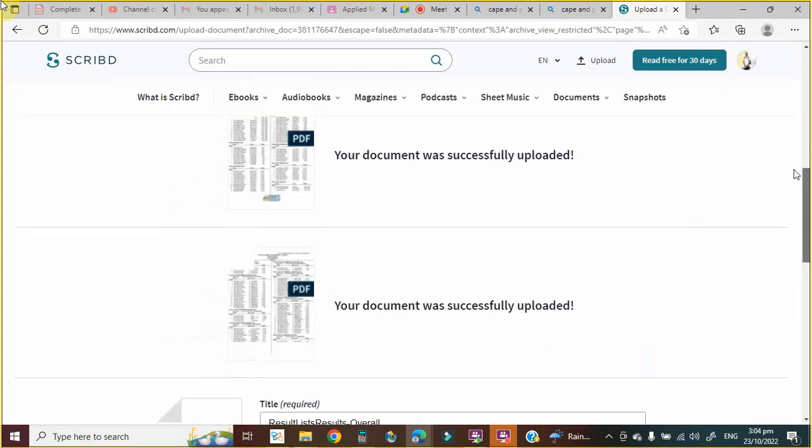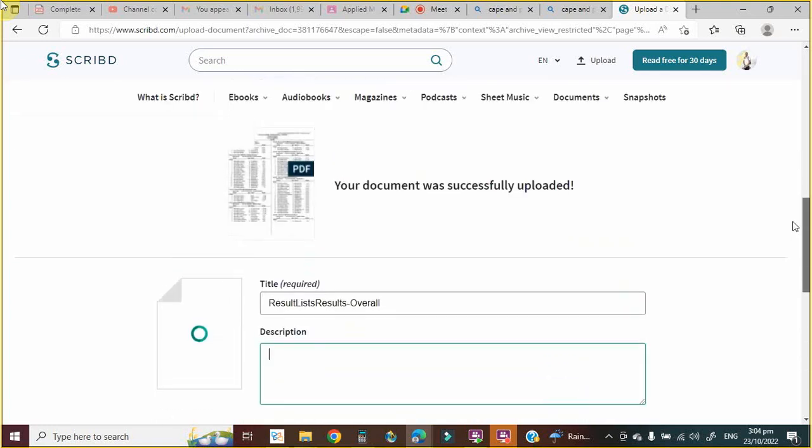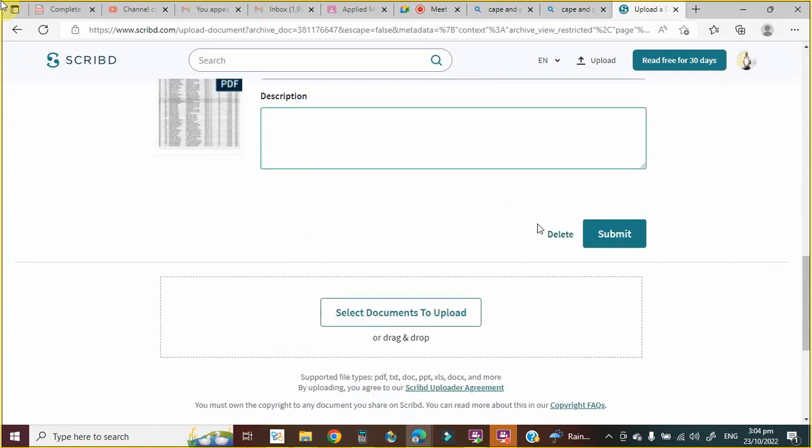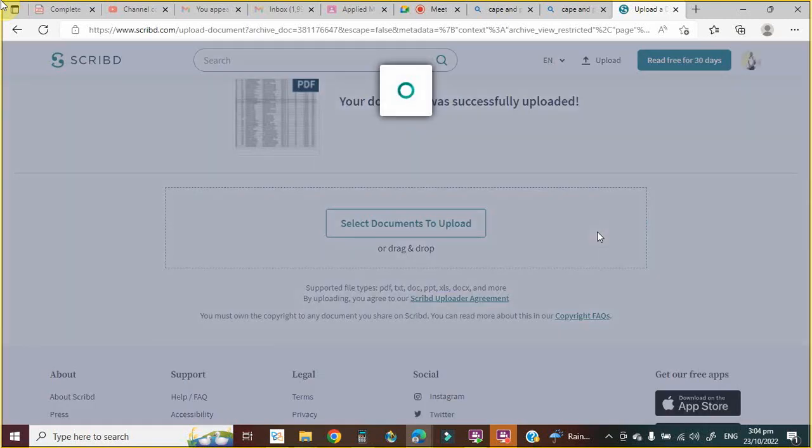Why is it taking so long to read? So by the way, this is another website that you can use to download textbooks. You just search for what you want. The only thing with this website, Scribd, is that you have to upload 5 documents each time you want to download a document.